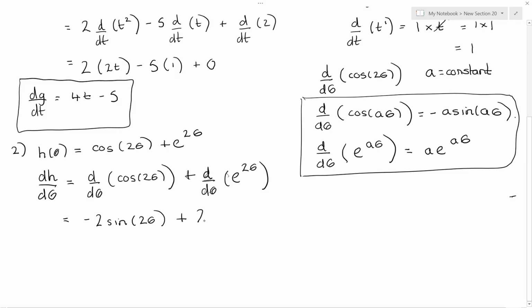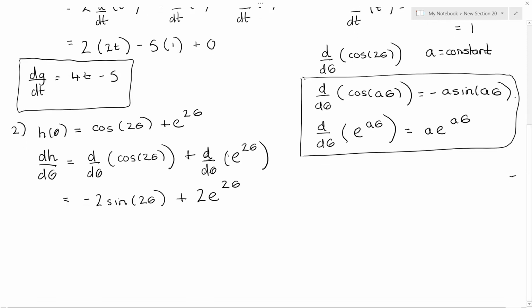So that will give us 2 e to the 2 theta. So that's our second part answered. We can see that dh by d theta is equal to minus 2 sine of 2 theta plus 2 e to the 2 theta.